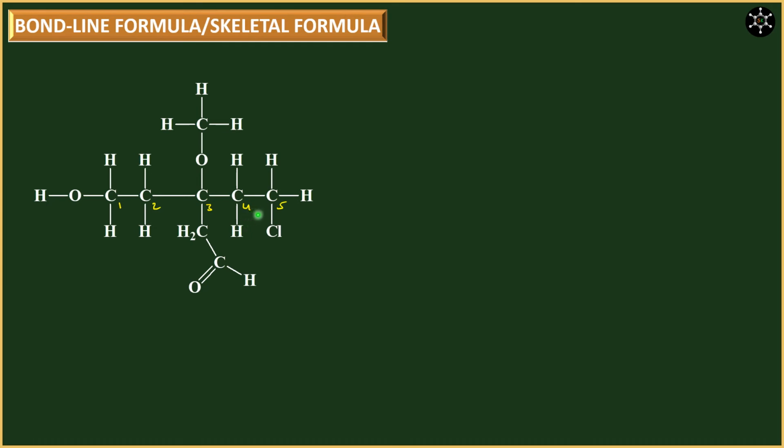First, let us convert these 5 carbon atoms into 5 dots in the skeletal formula. We have a single bond between these carbon atoms, so a single line between the dots. For the sake of clarity, I will number these carbon atoms.